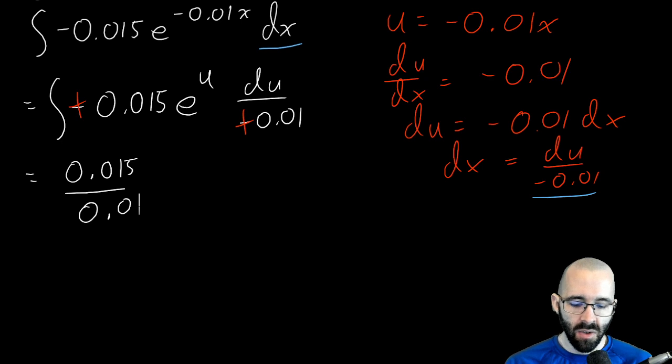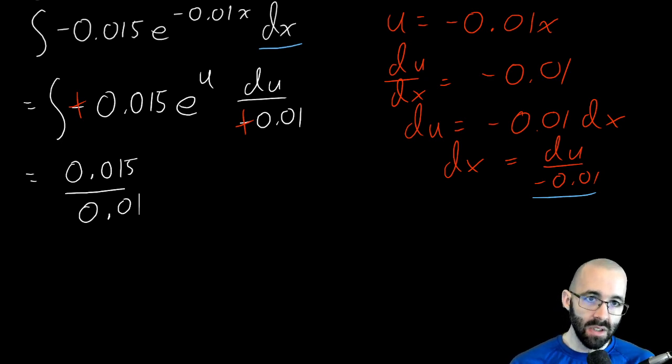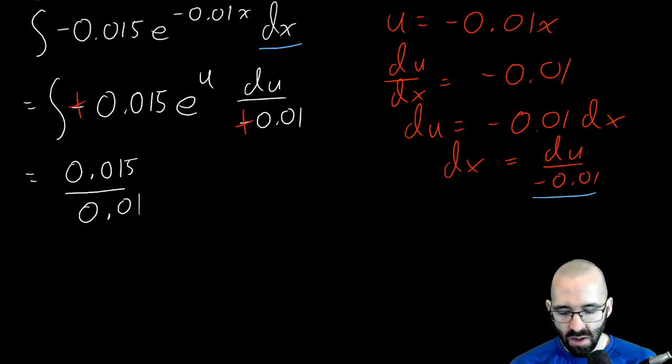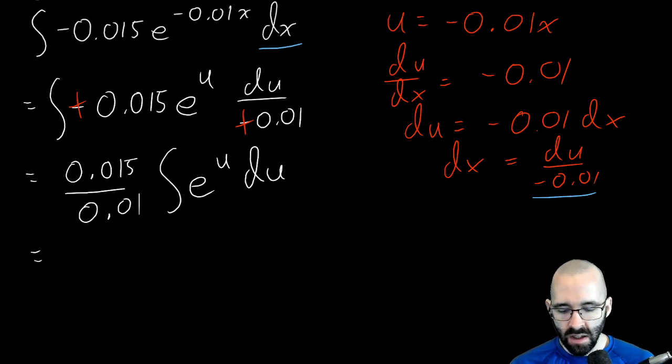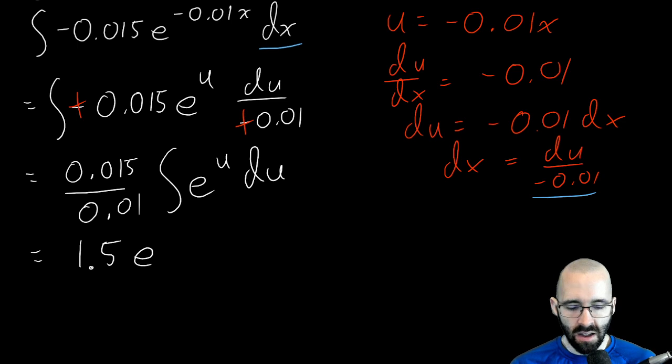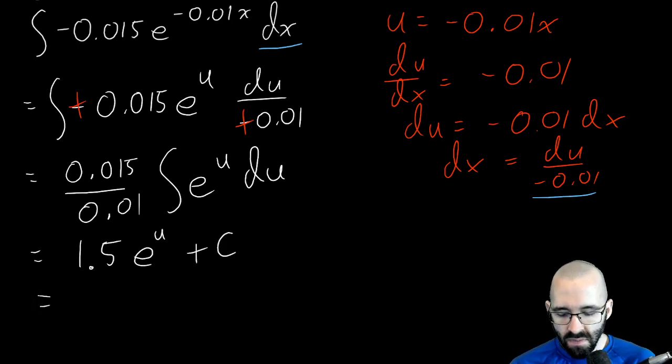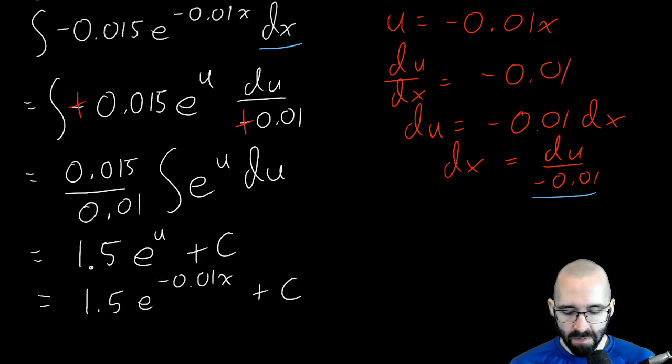Dividing by 1/100th is the same as multiplying by 100, which is just moving the decimal place over twice. The integral of e to the u, there we go. We're ready to go. So we get 1.5 e to the u plus a constant, or 1.5 e to the negative 0.01x plus a constant.